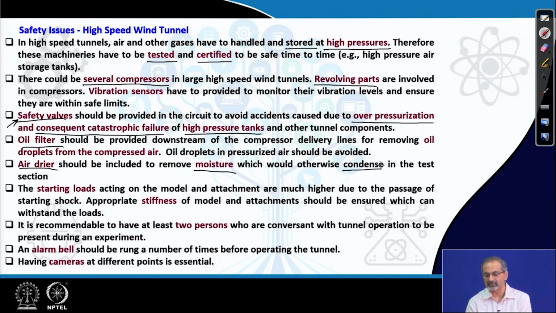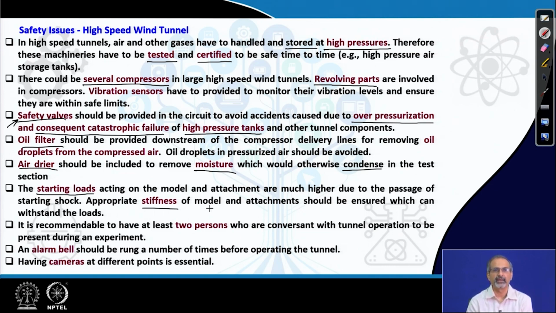This may not have a catastrophic effect, but it would affect the quality of measurements that you perform in the test section, especially the flow visualizations, because it will make the glass walls of the test section blurred and foggy. The starting loads acting on the model and attachment are much higher due to passage of the starting shock.